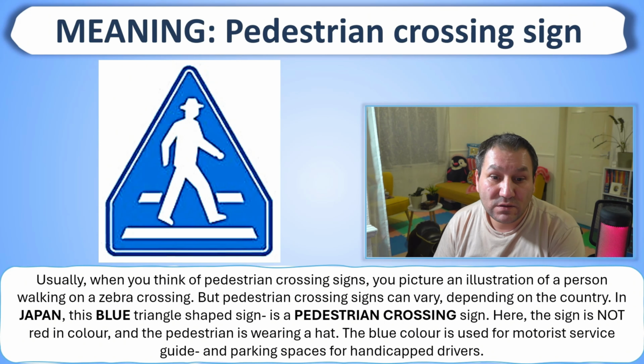In Japan, this blue triangle-shaped sign is a pedestrian crossing sign. Here, the sign is not red in color and the pedestrian is wearing a hat. The blue color is used for motorist service guide and parking spaces for handicapped drivers. 7.